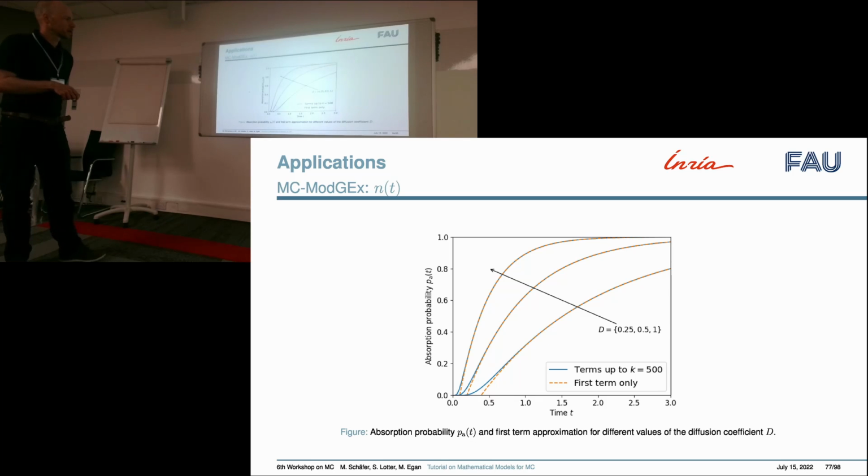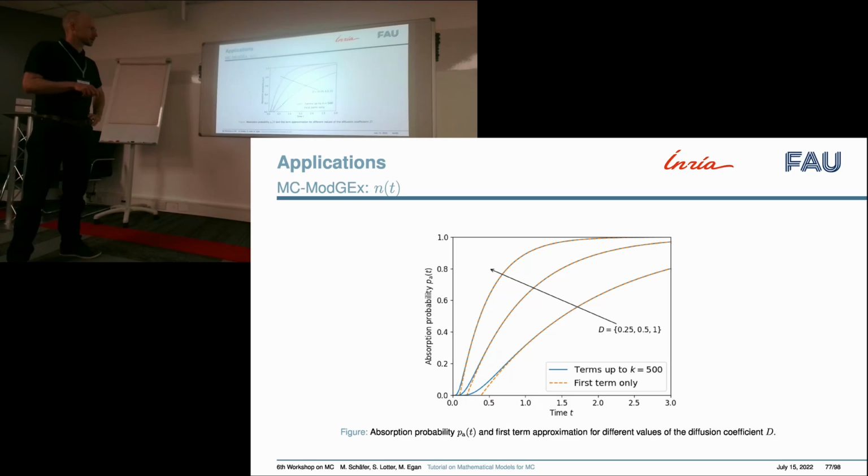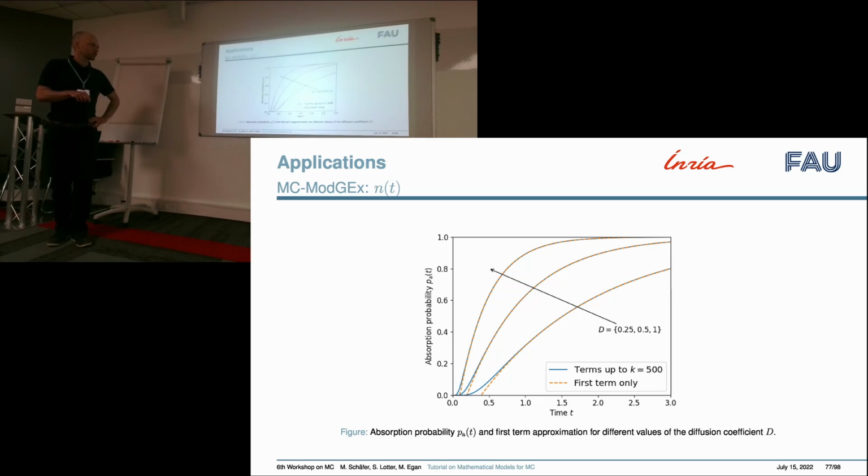So if we look at the average number of molecules absorbed by some time t, or equivalently the absorption probability, we see that the first term approximation, which you see in orange here, provides actually a good approximation to the true absorption probability, even for small absorption probability numbers. So if we're interested mostly in this area here, we can make our lives a lot easier by just considering the first term. This is basically the message.